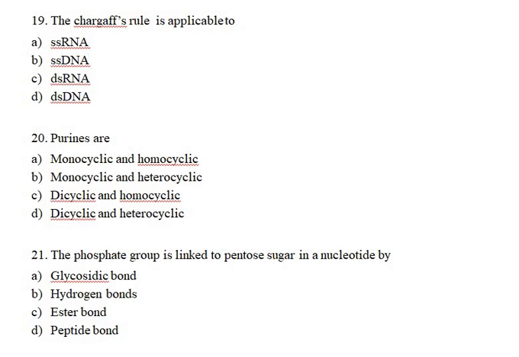Sugar and base are linked by glycosidic bond. Sugar and phosphate are linked by ester bond. So once again, question number 21, the phosphate group is linked to pentose sugar in a nucleotide by.